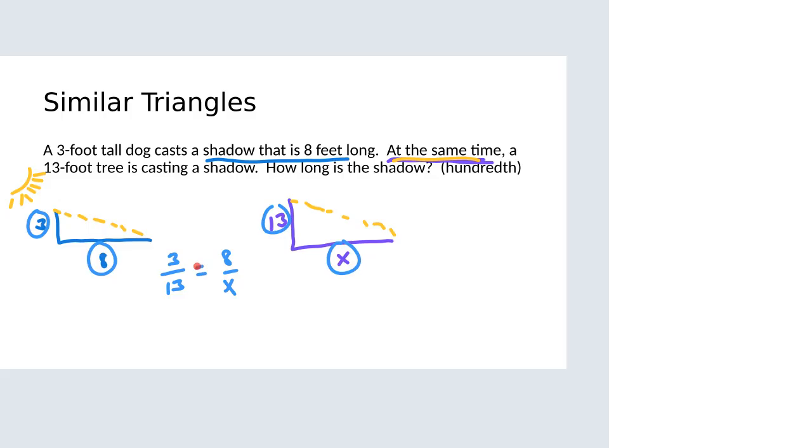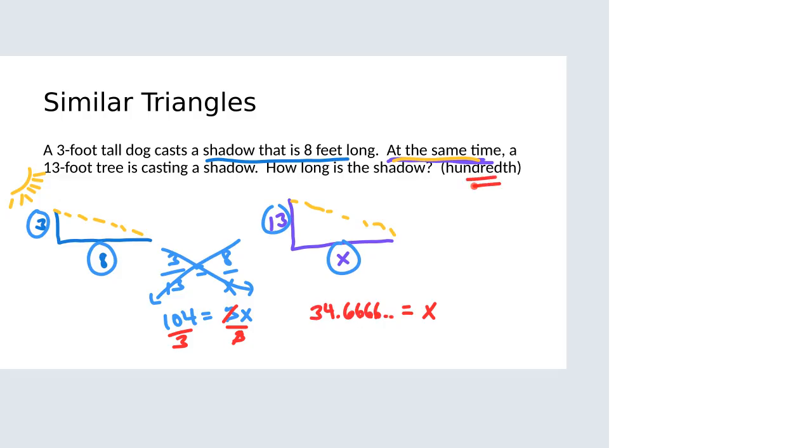And now we're going to solve. So 8 times 13 is 104, and that's going to equal 3 times x. Just like we did previously, we need to get multiplication to go away, so we'll divide both sides by 3. Those cancel, leaving me with x is whatever 104 divided by 3 is, 34.6666, and that keeps going.